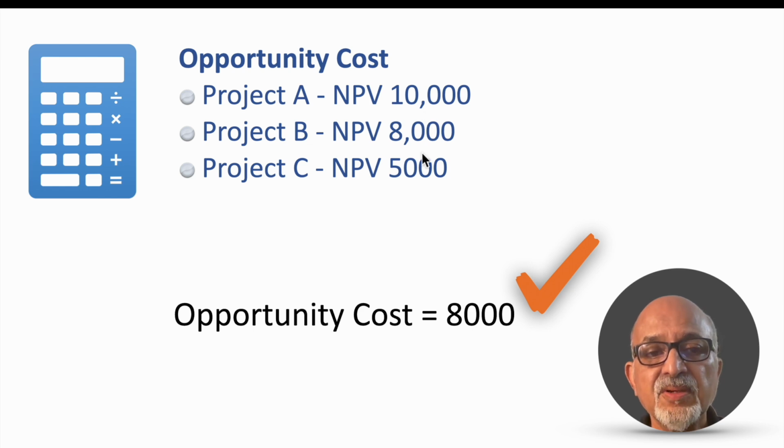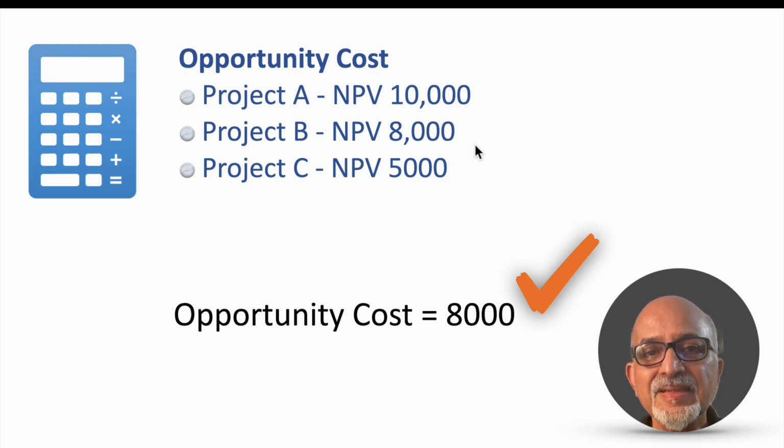The opportunity cost is the NPV of the next best project, which we are not doing because we have decided to go with project A. In this case, the NPV of project B is the opportunity cost. So because I'm doing project A, I'm not doing project B. So hence we say that the NPV of project B is the opportunity lost or the opportunity cost.